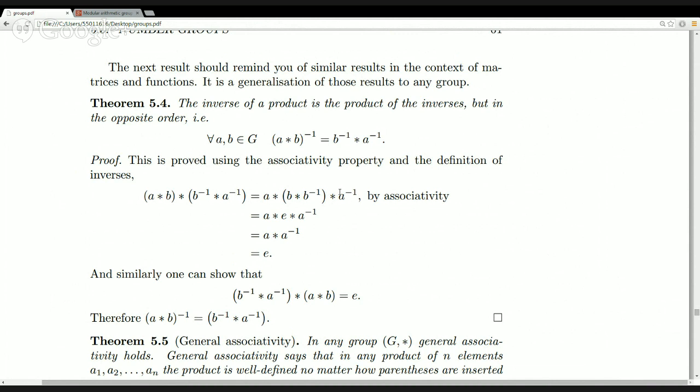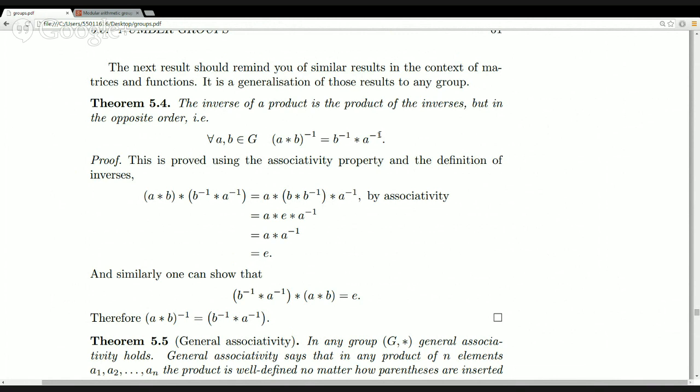Now, it turns out that this isn't just some special behavior that matrices exhibit. This is an instance in matrices of the general group theoretic fact that in any group, the inverse of the product of two elements can be expressed as the product of the inverses, but in the opposite order. So the inverse of A star B is equal to B inverse star A inverse.